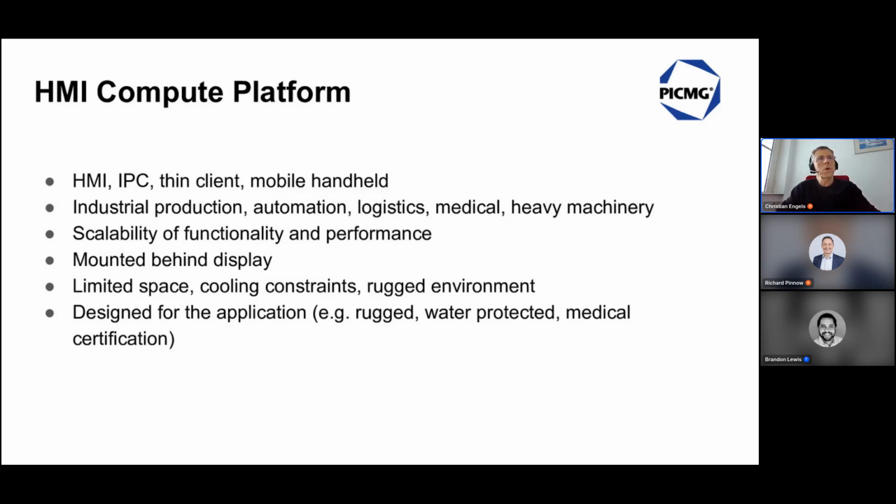My first example is about HMI platforms, so human-machine interfaces. They typically have a display or come as an IPC, an industrial PC, as a thin client or mobile handheld and such. And you find them everywhere: industrial production, automation, logistics, medical equipment, or in automotive applications, for example heavy machinery.